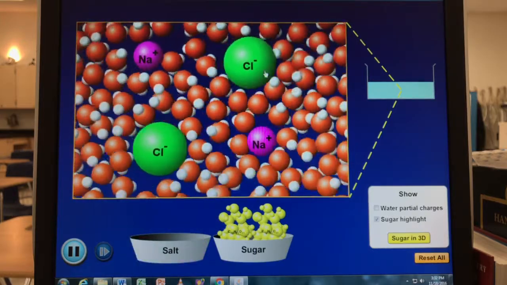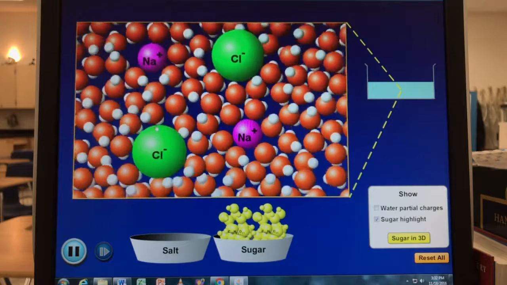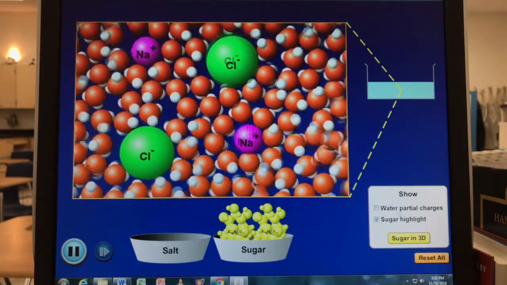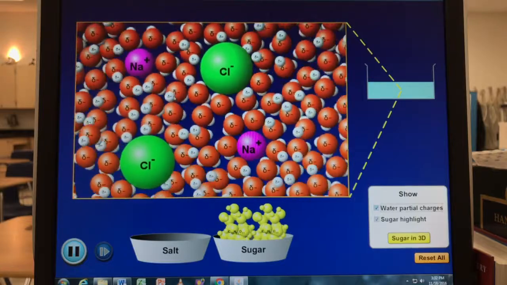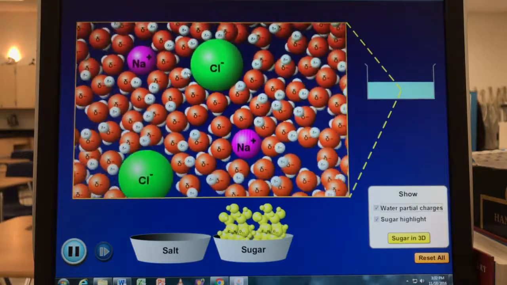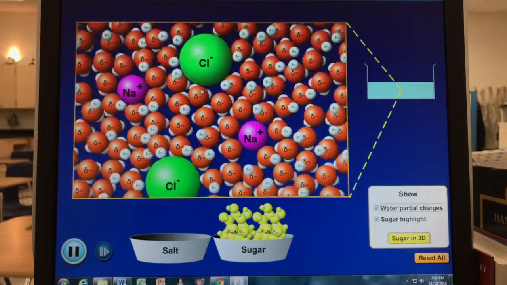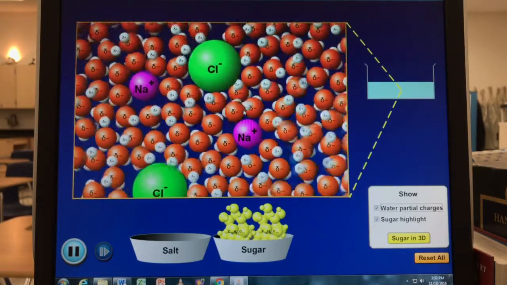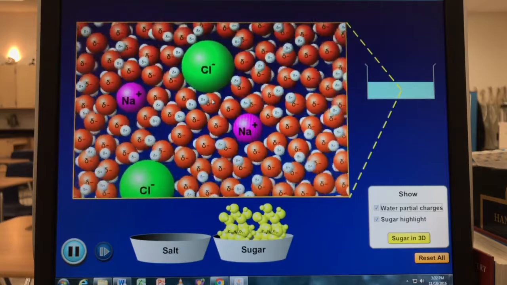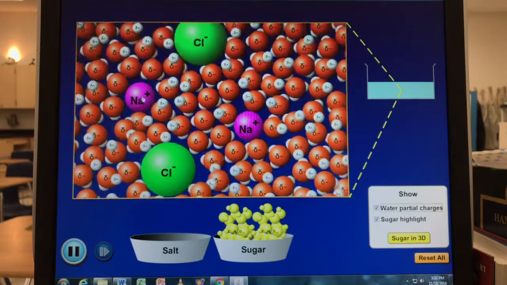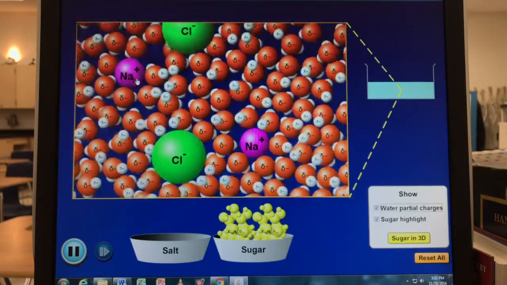Why would the oxygen be attracted to the Na and the white things, the hydrogens, be attracted to the Cl? Because, as we know, water is polar. We have these partial negatives and partial positives inside there. The electrons are pulled toward the oxygen because the oxygen is more electronegative than the hydrogen, making the oxygen slightly negative. And that slightly negative thing is attracted to the positive sodium.